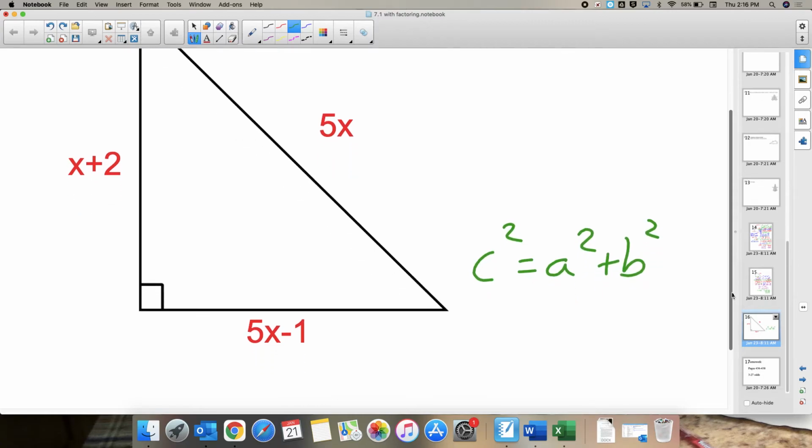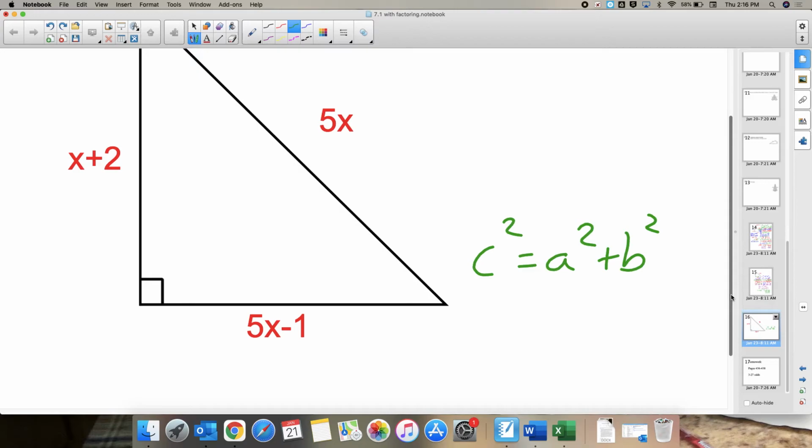In this case, c is 5x. So I'm going to have 5x squared equals, we'll do x plus 2 for a. Oops.